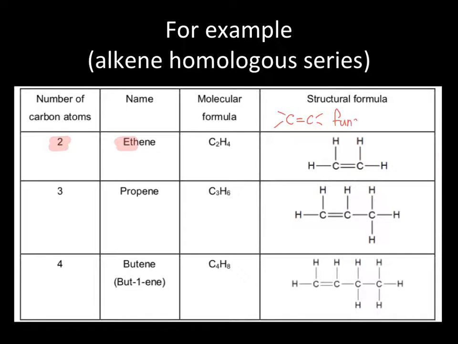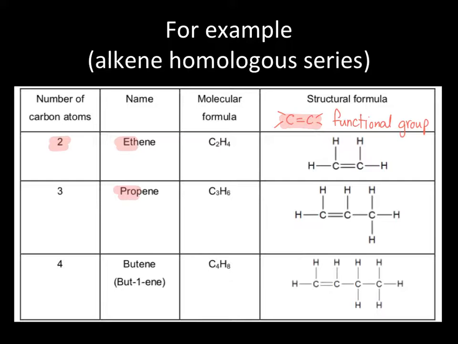It must always have this carbon-carbon double bond functional group, and so it cannot have a member which only has 1 carbon, because you cannot form a carbon-carbon double bond with 1 carbon.